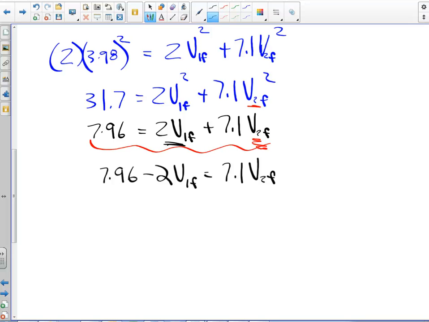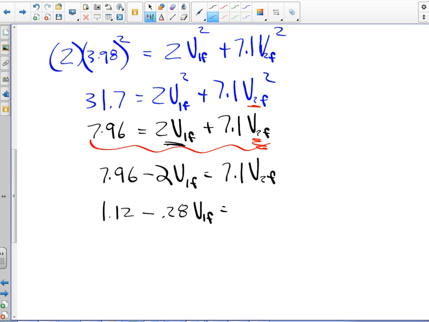So I'm going to have 7.96 divided by 7.1, so I have 1.12 minus 2 divided by 7.1, which is going to give me 0.28 v1 final.